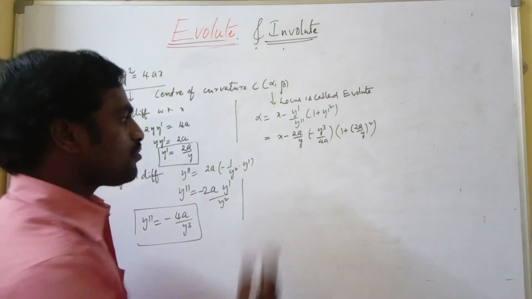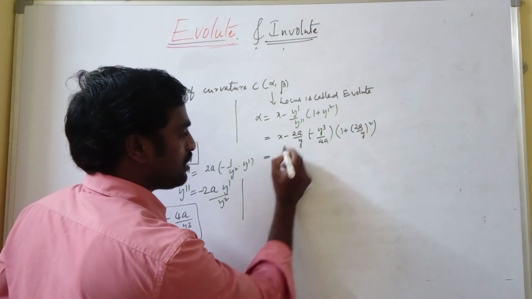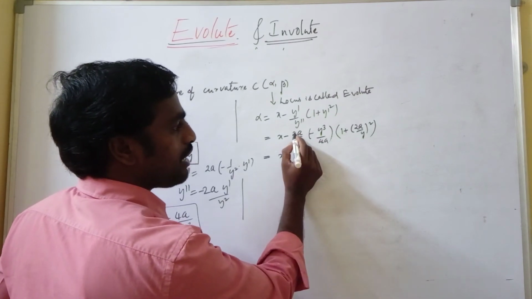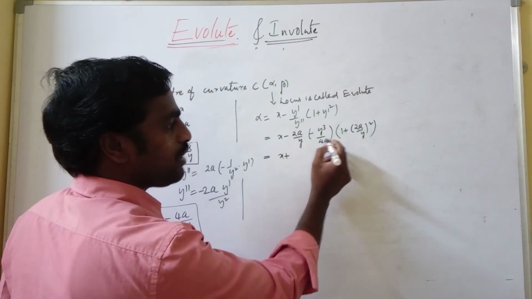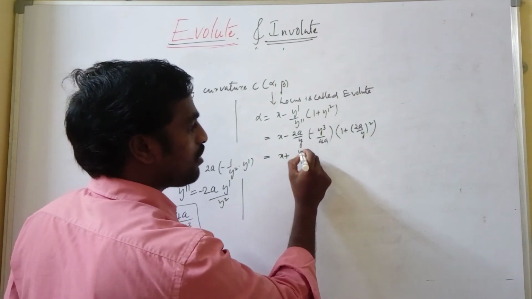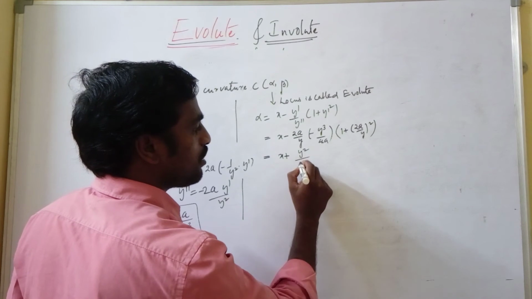Now simplify that. After simplification, minus and minus is plus. The numerator is 2a and the denominator is 4a, so 2a will be cancelled, and finally you get y power 2 by 2.